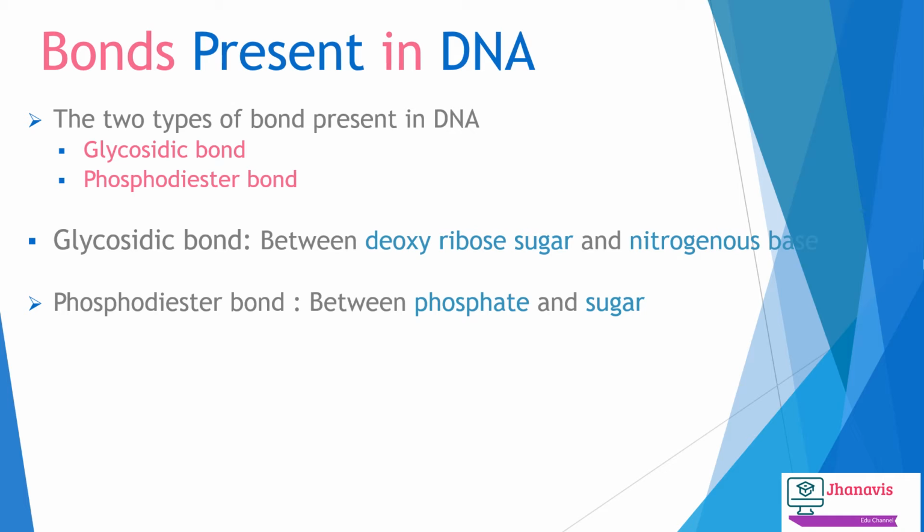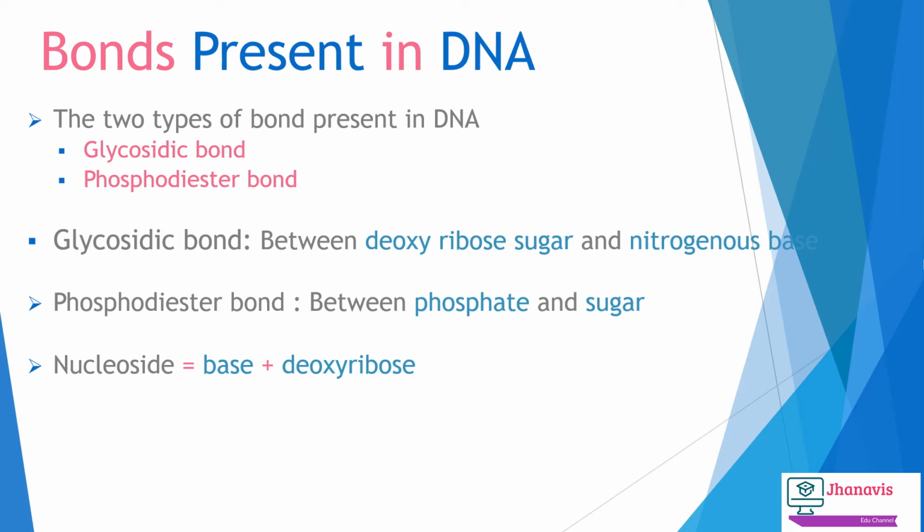The two things you have to remember to understand the structure of the DNA are the nucleoside and the nucleotide. What is a nucleoside? Base plus deoxyribose. For example, adenine as a base and a pentose sugar, deoxyribose sugar, together form a nucleoside.